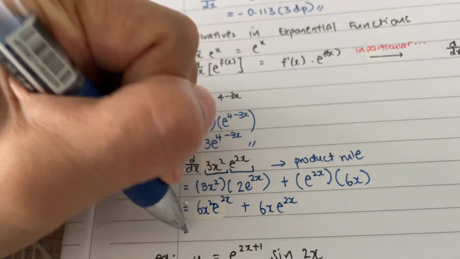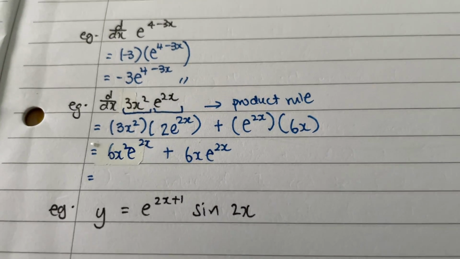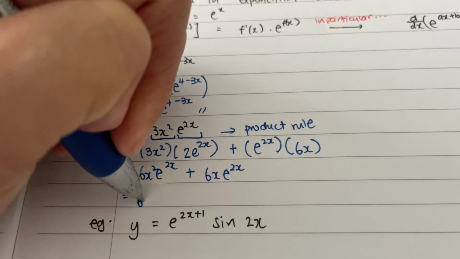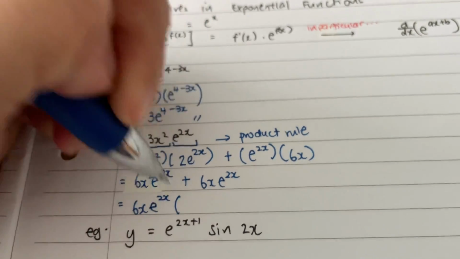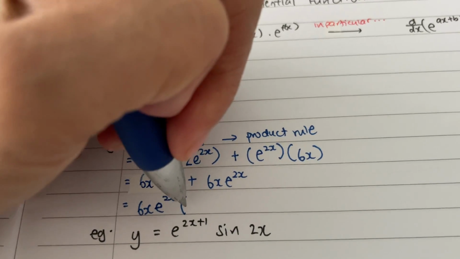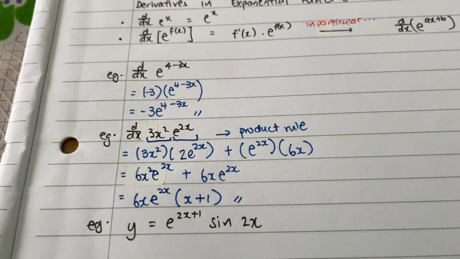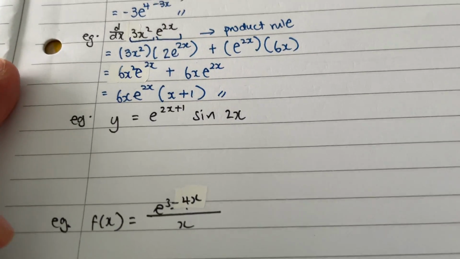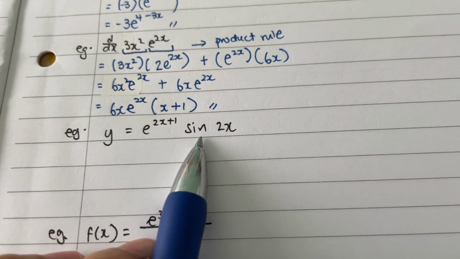And you realize that there are similar factors that can be taken out from both terms. That will be 6x e to the power of 2x. So when we factorize this out, what are we left with? Something like this, right?